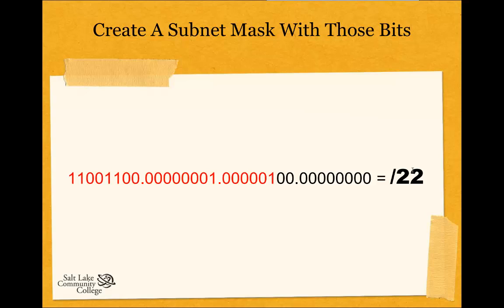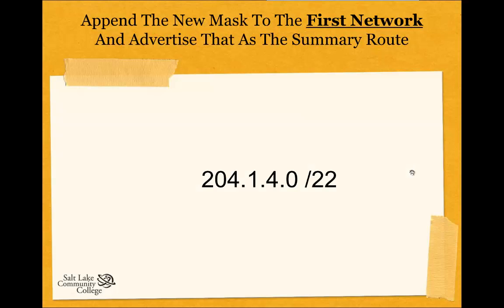We're going to replace /24 with /22. And how we do that, and this is the important part, you take the first network, the very first network, so in this case it was 4, and we append it with the /22, and that's the network that we advertise out.